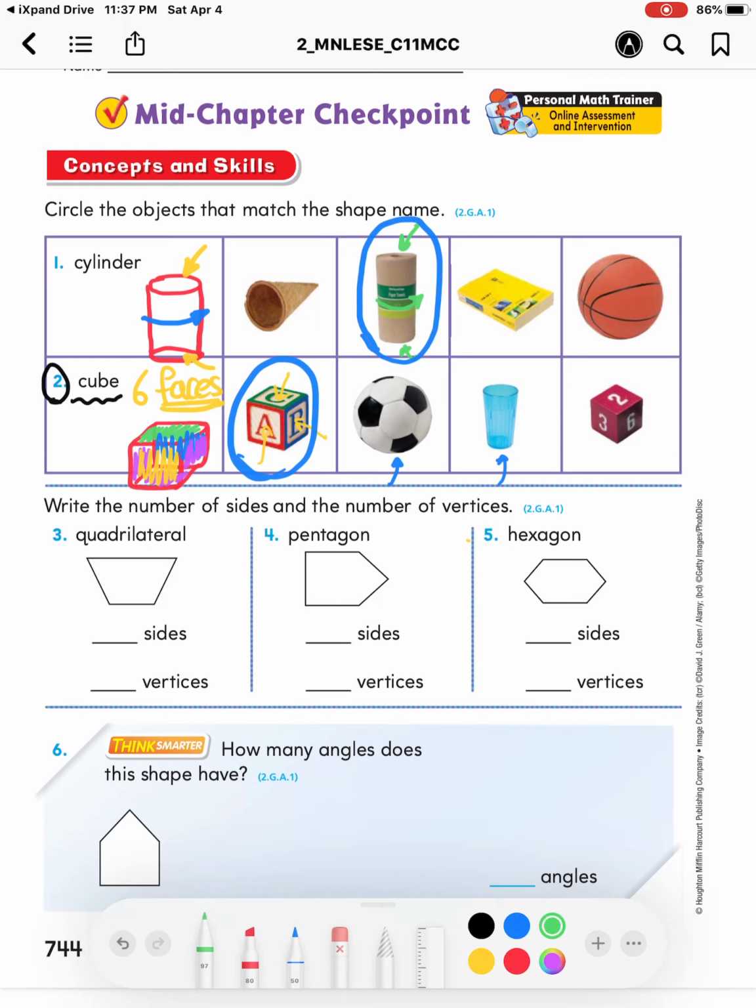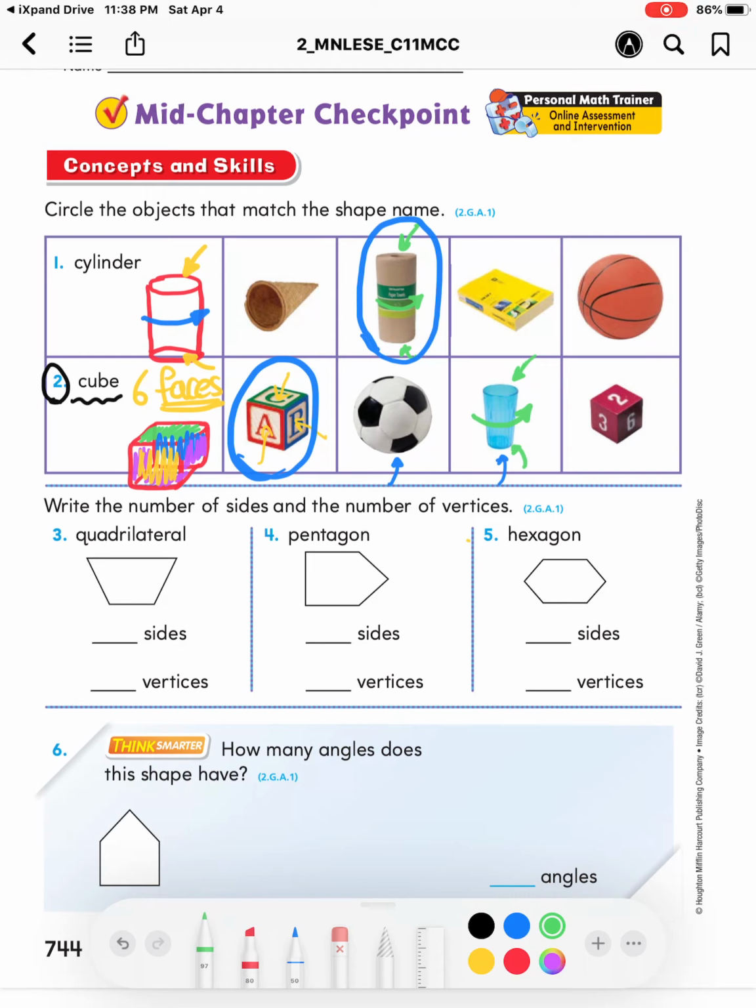But before we say it, let's check the shape first. So here we have a flat surface, another flat surface, and this shape can roll. So it's right, as you have said, this is a cylinder.